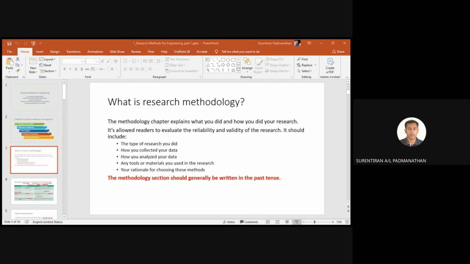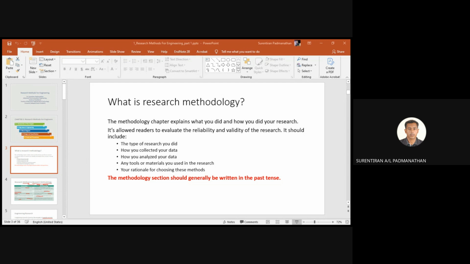In the research methodology, you have to show the flow chart of how you are going to do your project. The methodology part is very, very important. That's where you explain all your technical parts: whatever theory you have, whatever modification, whatever technique you want to use, you have to mention in the methodology part.